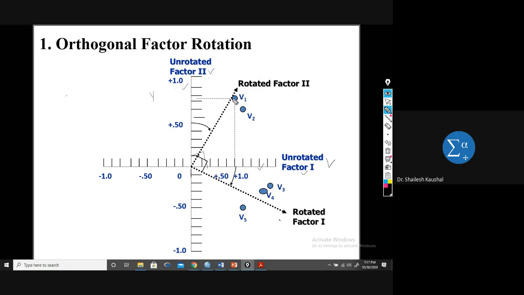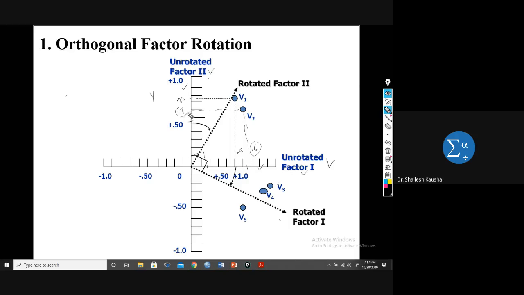When I project it, the value on the x-axis is about 0.8, and on the y-axis its value is 0.5. For v2, the values are about 0.7 and almost 0.6.